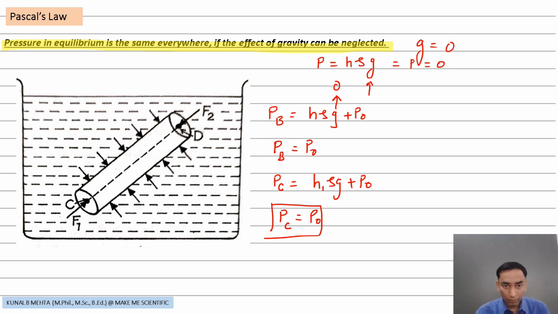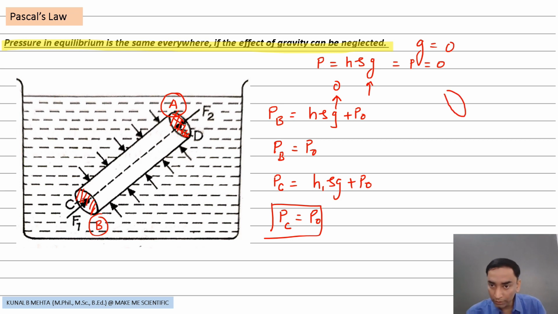Now let me consider two areas. One is this area, let me call this area A and this area B. By the way, the area magnitudes are the same because the cylinder has the same cross-sectional area everywhere, the regular cylinder.